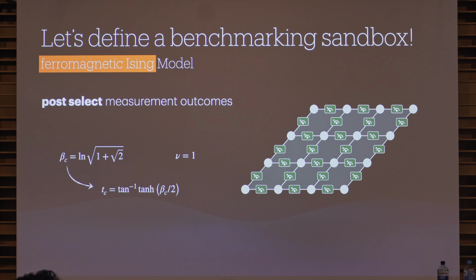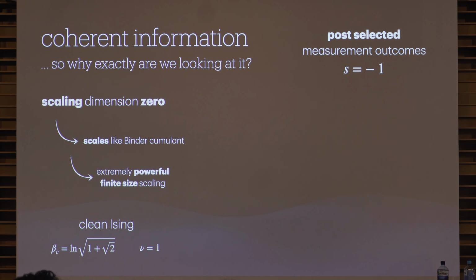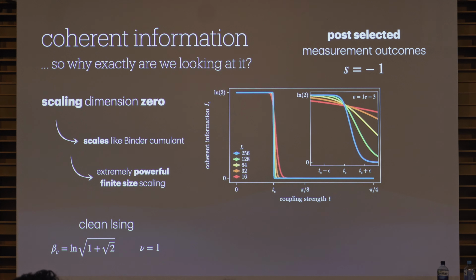Okay, so equipped with this benchmarking sandbox, let's go back and now plot the coherent information for this circuit model, which now maps to the clean Ising model. And here's how it looks. For system sizes up to 256, we get this almost step function-like behavior with this very, very clean crossing point at the critical point. And if we do some finite size scaling, we also get very nice collapse.